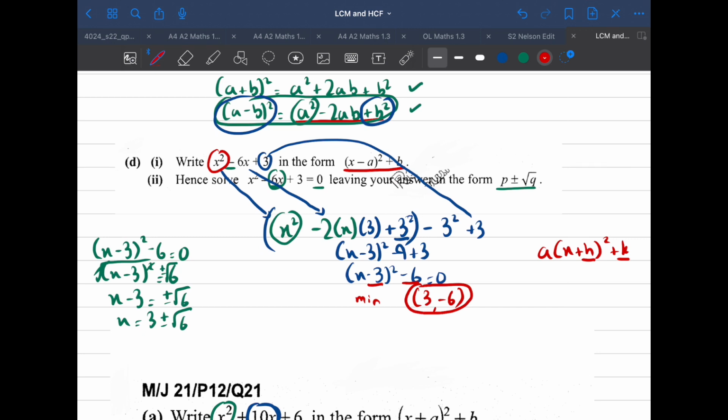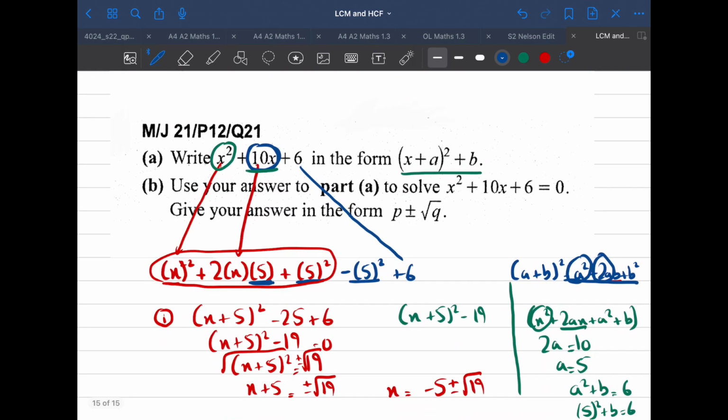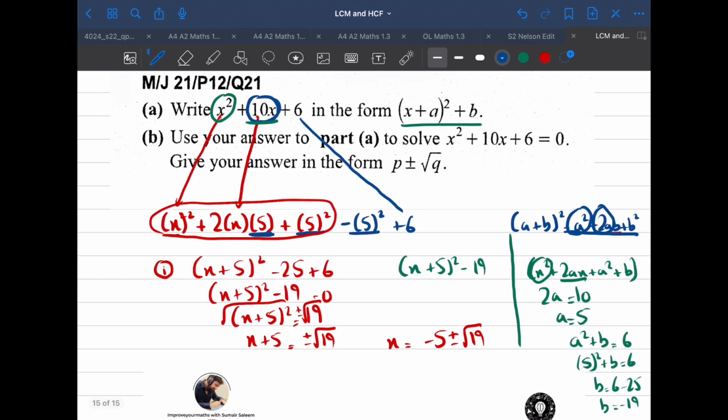But if they only ask you the minimum point बच्चे of this entire equation, x square minus 6x plus 3, तो आप खाली क्या लिखोगे बच्चे? -6. And in this case बच्चे the minimum point will be बच्चे आपका क्या? -5, क्योंकि +5 है minus बन जाएगा क्योंकि minus h comma k होता है, and y will stay same.